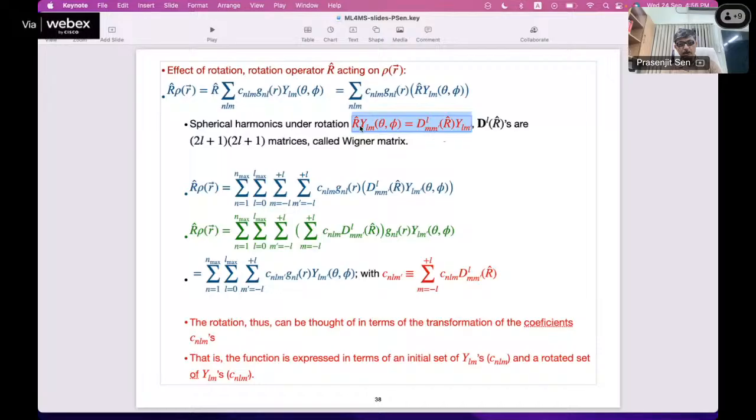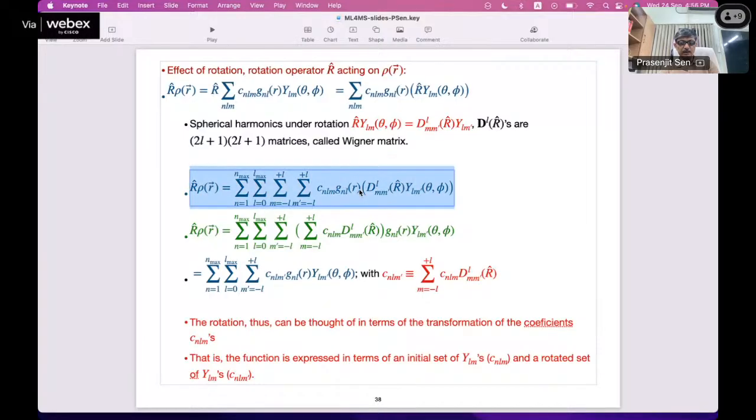When you rotate Y_lm, you go to a different set of axes, and the effect of rotation can be written as a matrix product like this: some matrix acting on this Y_lm, summed over m primed. These are the matrices which represent the effect of rotation for a given L. For a fixed L, the D^l are (2L+1) by (2L+1) matrices, which give you the effects of rotation and which are called Wigner matrices.